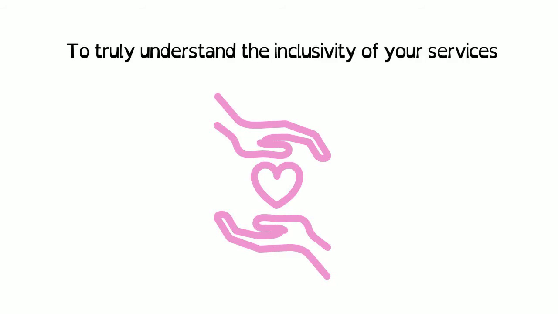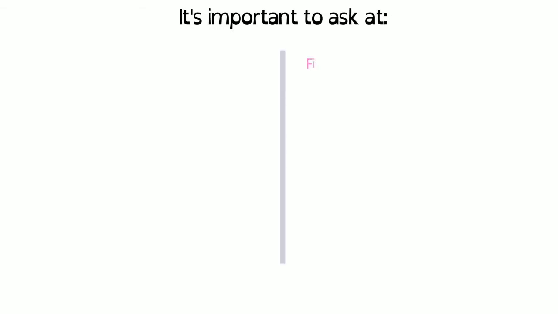Well, to truly understand the inclusivity of your services and what is driving your diversity data, it's important to ask at first point of contact. That way, you can track whether different groups of potential service users are more likely to join your service than others. So you should ask for diversity data alongside other information you ask for at first point of contact.